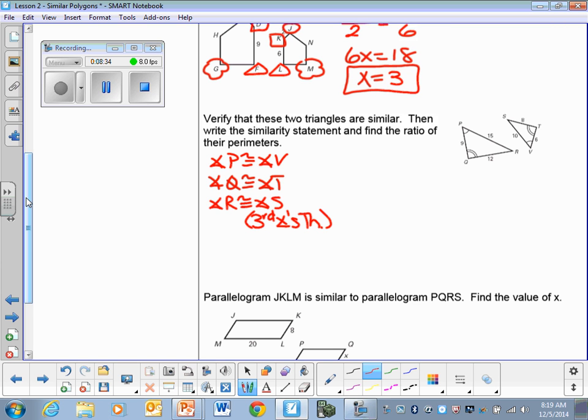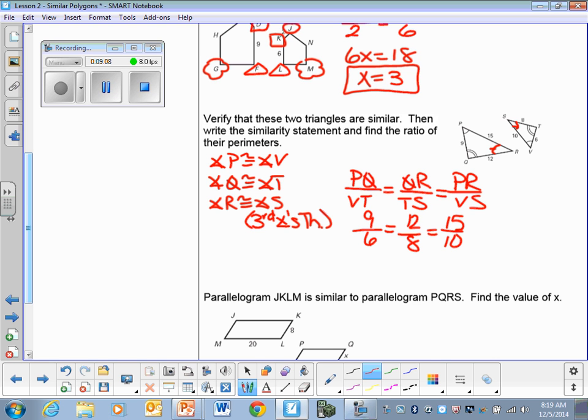So this does work for angles. Now I have to check my proportional sides. Proportional sides would be PQ over VT equals QR over TS equals PR over VS. So let's see. 9 over 6 equals 12 over 8 equals 15 over 10. 3 halves, 3 halves, 3 halves.